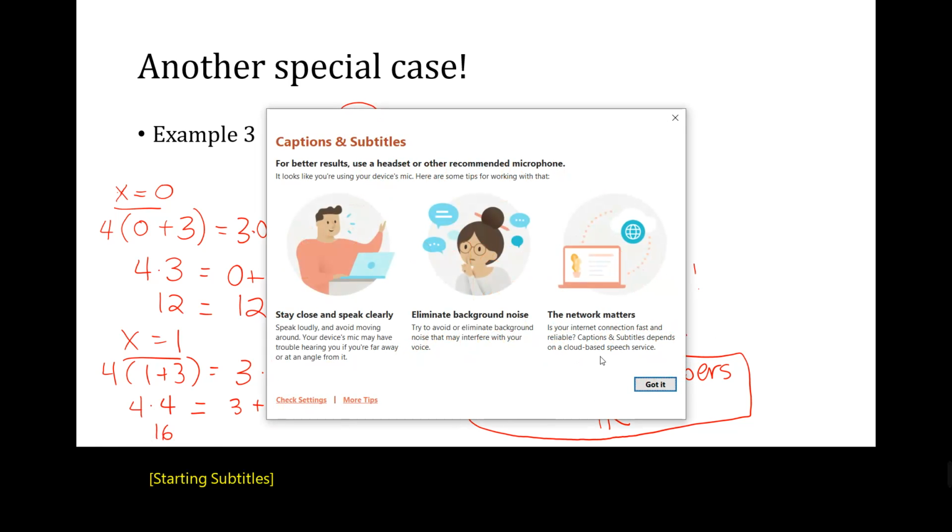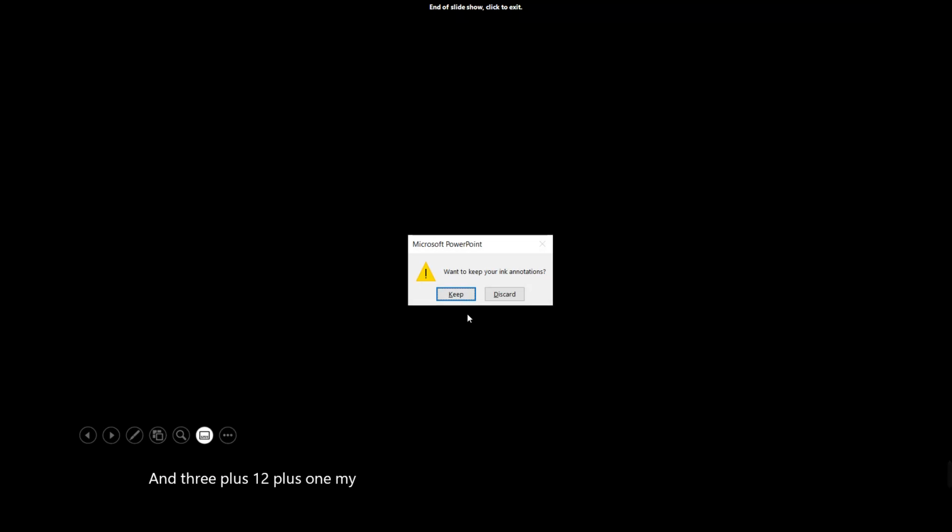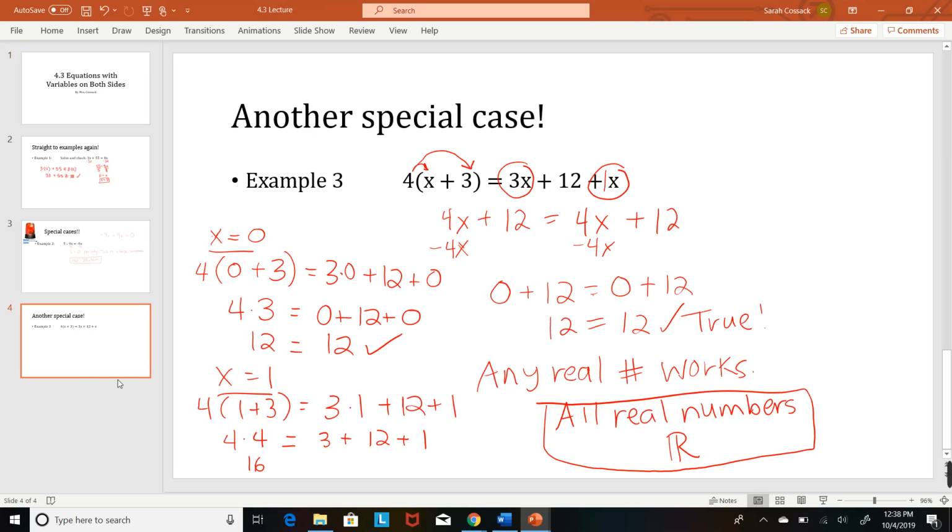And 3 plus 12 plus 1 is also 16. So you could put in any number for x. You could put in 1/2. You could put in 0.35678. Doesn't matter. Anything for x is going to work because the answer is all real numbers. So those are all our special cases. And that's it. We're already done.